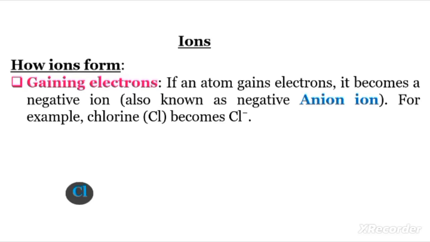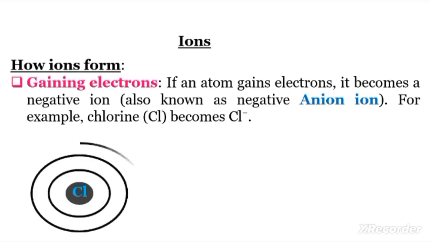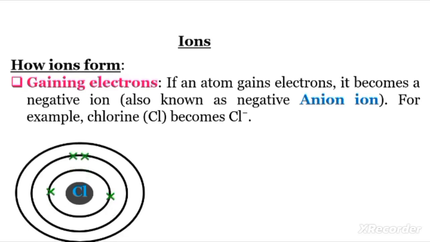Let us demonstrate. We have chlorine here. Chlorine has 3 shells: 2 electrons in the first shell, 8 electrons in the second shell, and 7 electrons in the outermost shell, or outermost energy level.